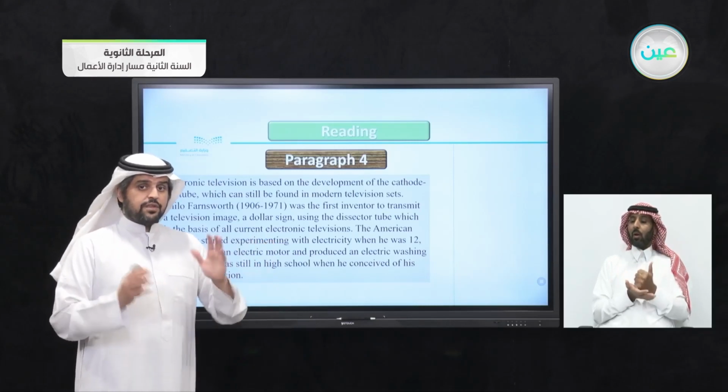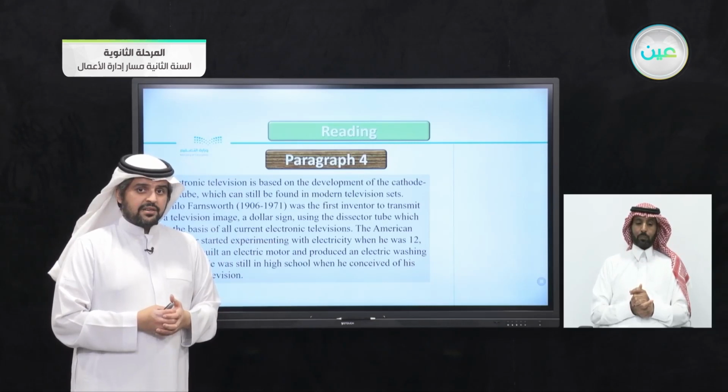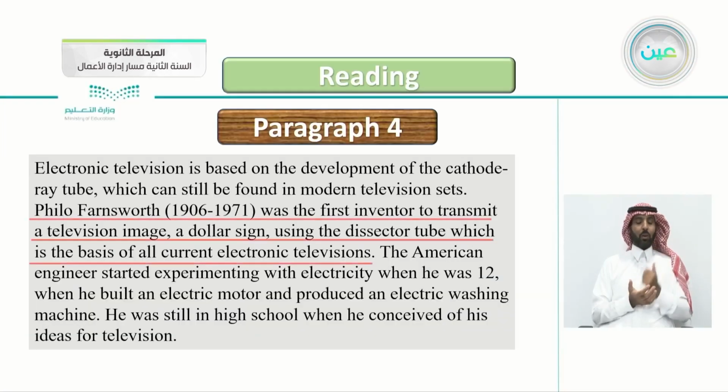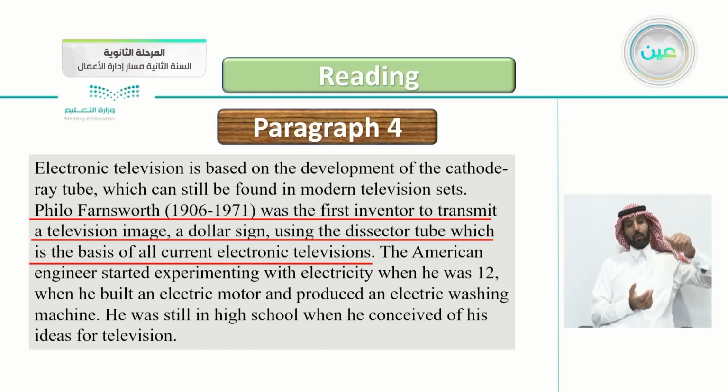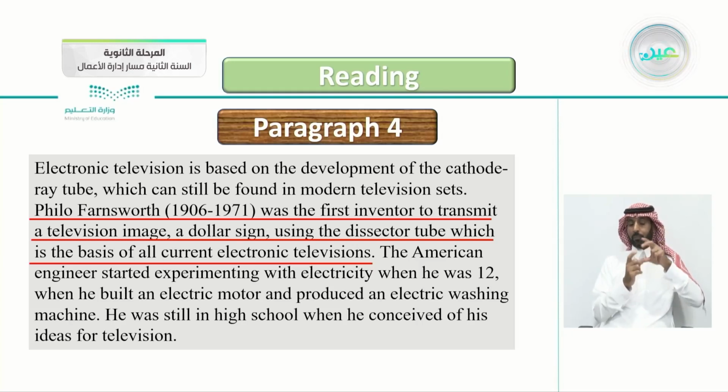It doesn't have to be the first sentence, of course. Let's see it together. It's this: Philo Farnsworth, 1906 to 1971, was the first inventor to transmit a television image, a dollar sign, using the dissector tube, which is the basis of all current electronic television. We can call him the father of television. So this is the main idea of the whole paragraph.